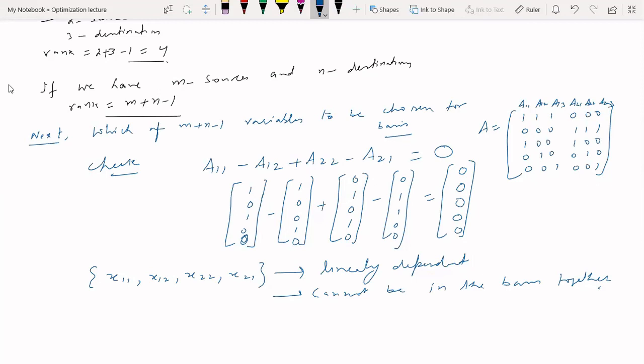But since we have six variables, out of six variables we have to choose four variables in the basis. Why four? Because the rank of my matrix is 4. So which four variables will I choose in the basis? I have figured out which four should not be in the basis.